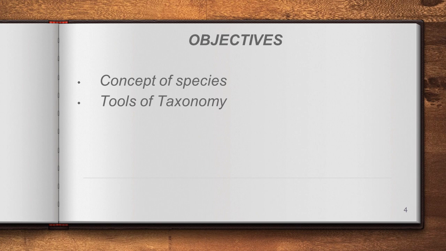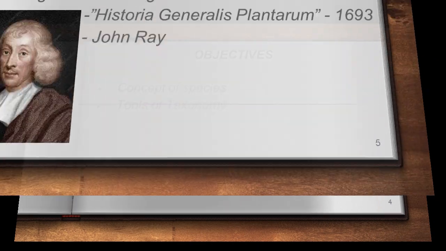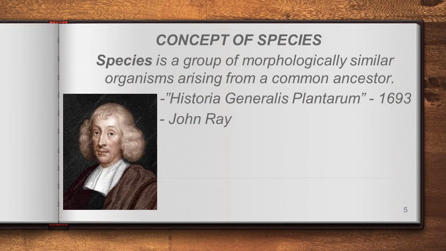So today we are supposed to discuss two concepts. The first is the concept of species, and the second is tools of taxonomy. Let us see the first one. Concept of species. We said in the last class that species is a basic unit for classification.